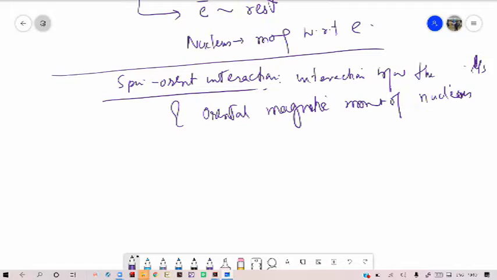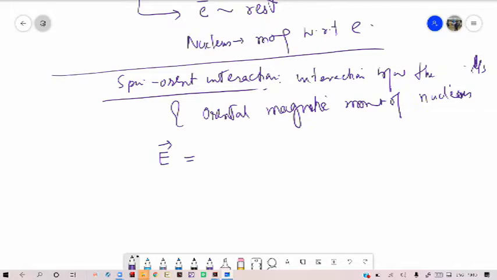Now, since this nucleus has a positive charge, it has an electric field associated with it, and the electron is moving in this electric field as well.